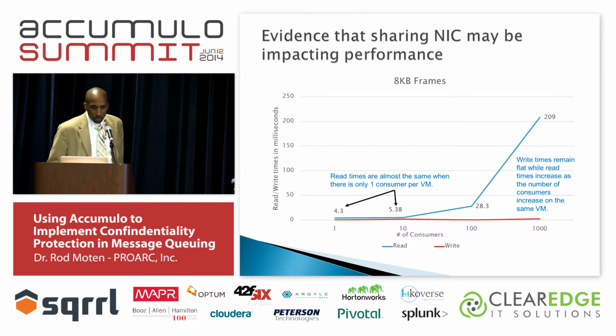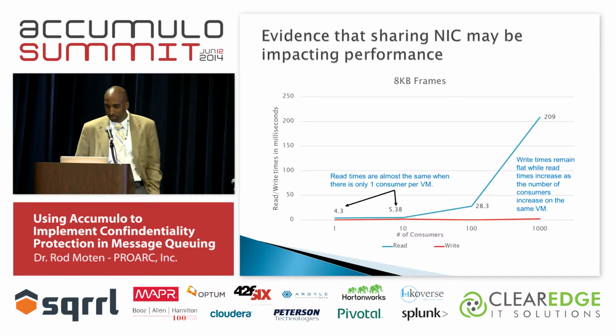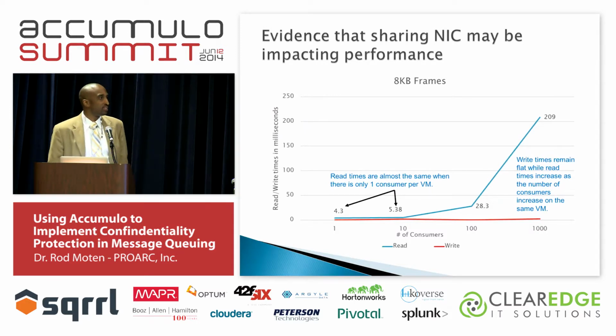So why do we think that's happening? Several things. It could be disk contention from having to read from the disk. As the writer is writing out the 2 megabytes and you have thousands of consumers asking for those frames, you have to do 1,000 copies of 2 megabytes, which we think could be a problem.